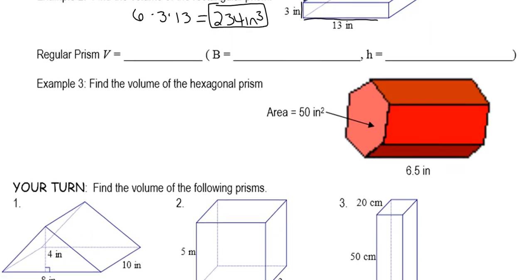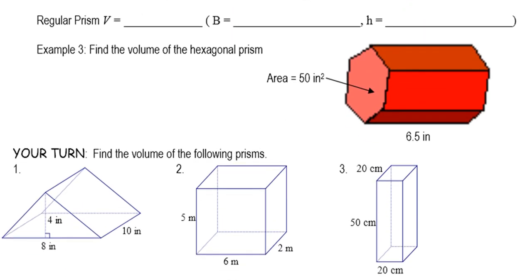And then past a rectangular prism, for any regular prism that we have, so a hexagonal prism, an octagonal prism, a triangular prism, the formula is big B times little h, where big B stands for the area of one of your bases, and the h would be the height of the prism.